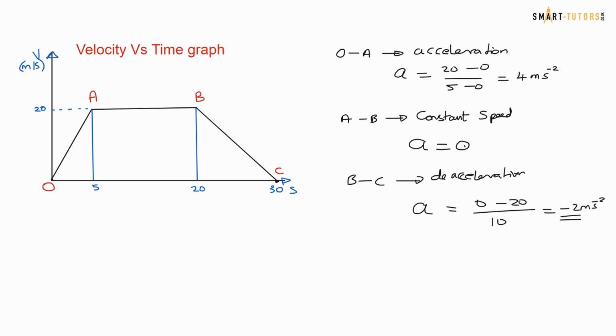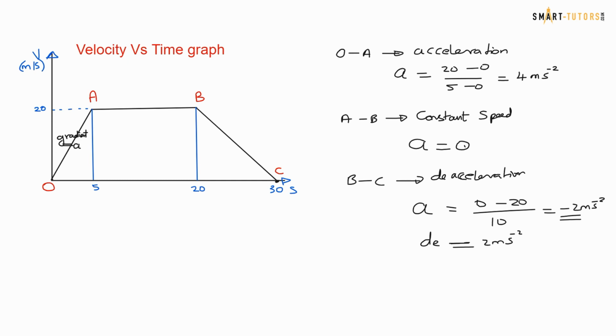So minus indicates a deacceleration. If you say deacceleration, that is going to be 2 meter per second squared, but acceleration is minus 2. So this is the normal theory. So the gradient gives acceleration. Gradient gives acceleration for the velocity time graph.